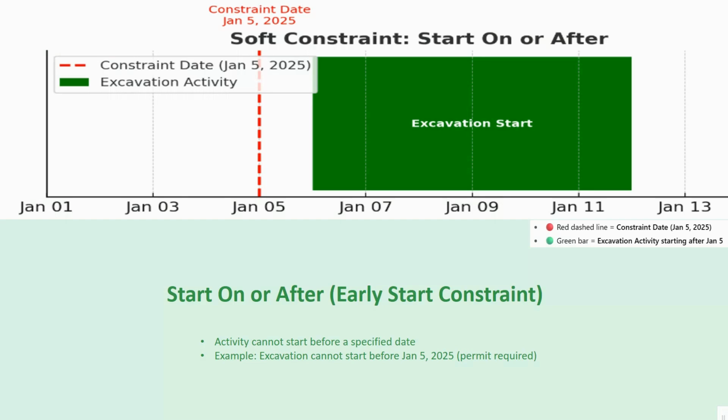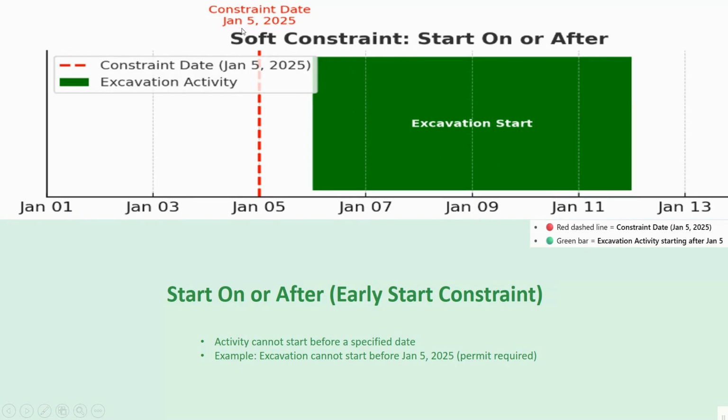First we have Start On or After, which you can see in brackets is an early start constraint. The activity cannot start before a specified date. For example, the excavation cannot start before January 5th, 2025, because a permit is required. Here I have added a clear example.